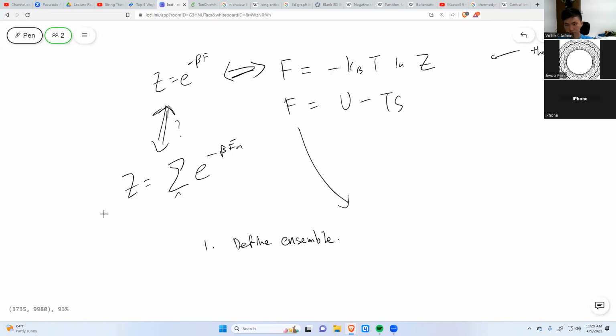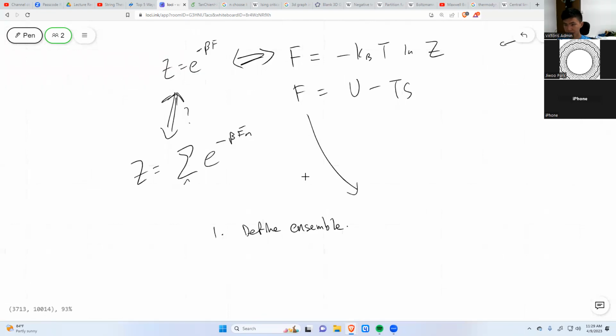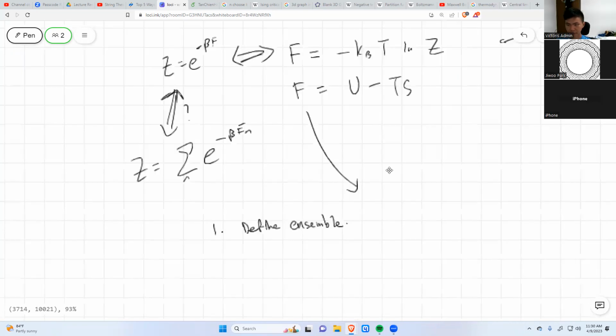It depends on whether you're using the microcanonical or canonical ensemble. Suppose you're using the microcanonical, you can only use it if you're in an isolated system. I see. So in some sense, if I define the microcanonical, there's no free energy because there's no temperature, right? You're just at a fixed energy.